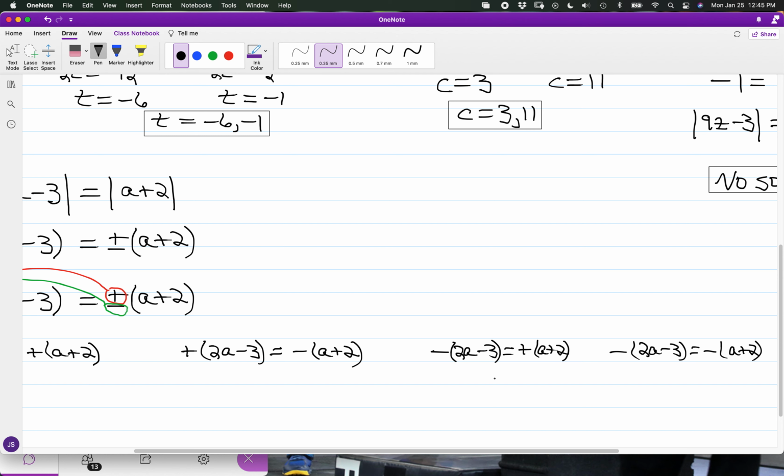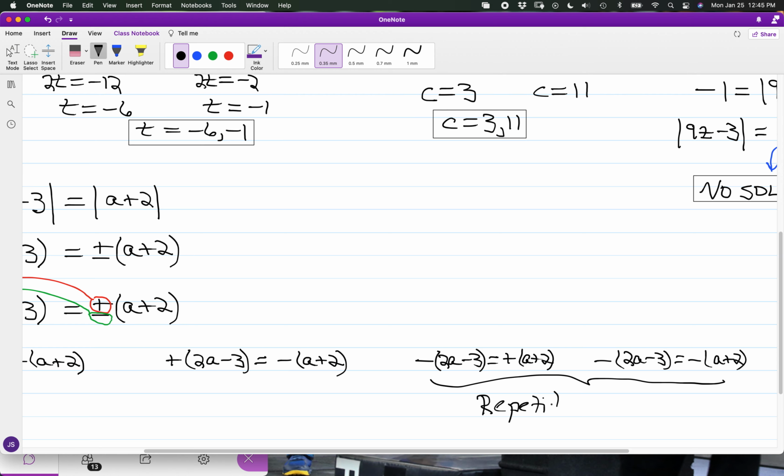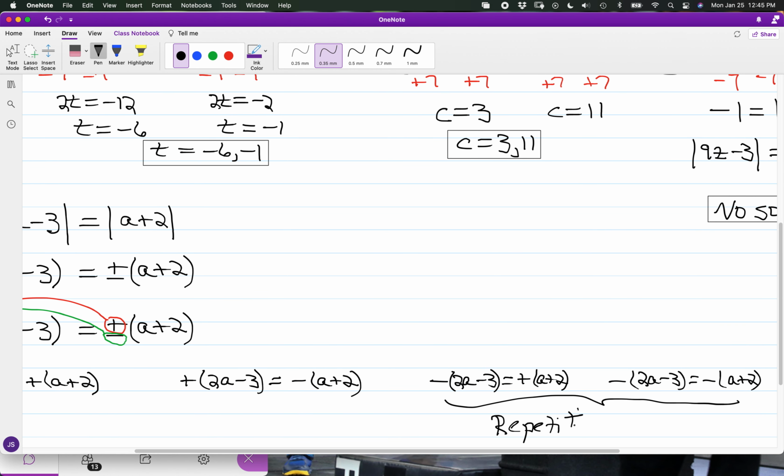Now you could work all 4 of these out, but you would have an element of repetition. So out of all 4 combinations, you need just half, like positive, positive, positive, negative in the setup.